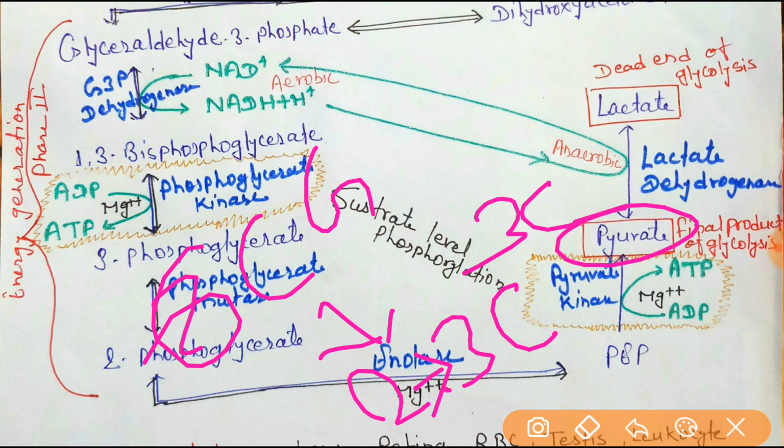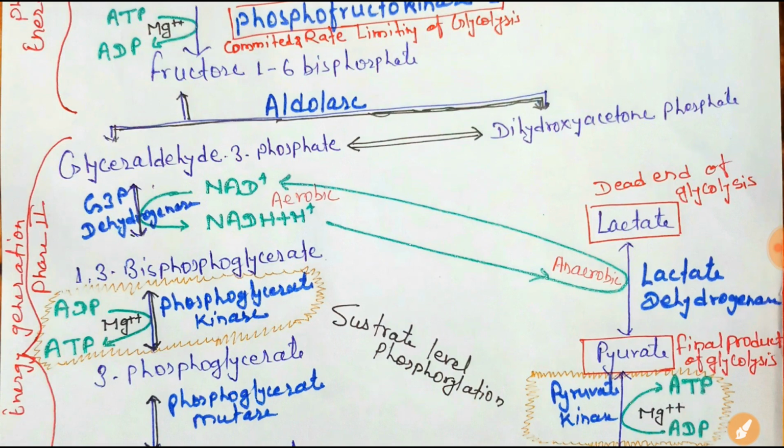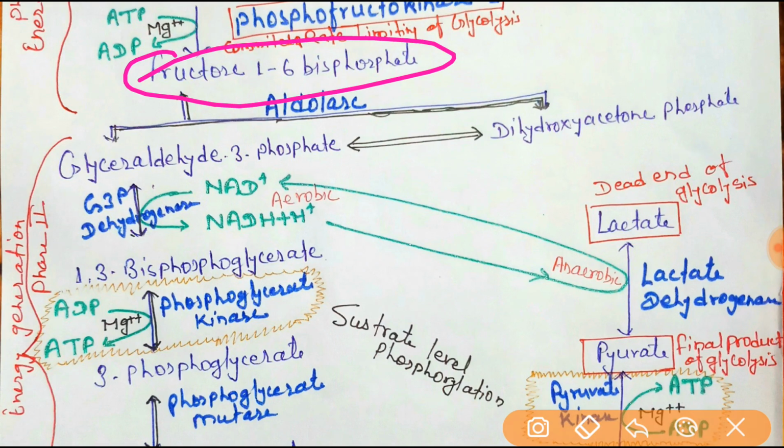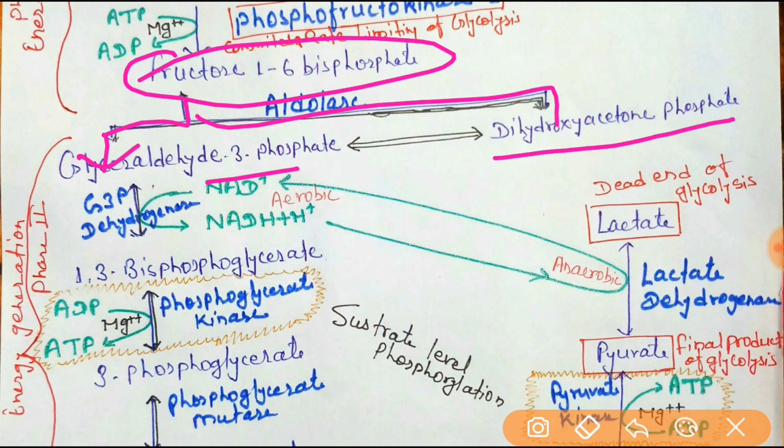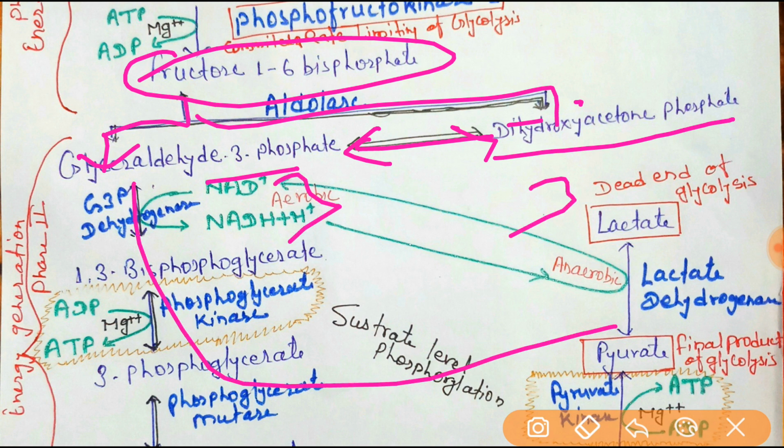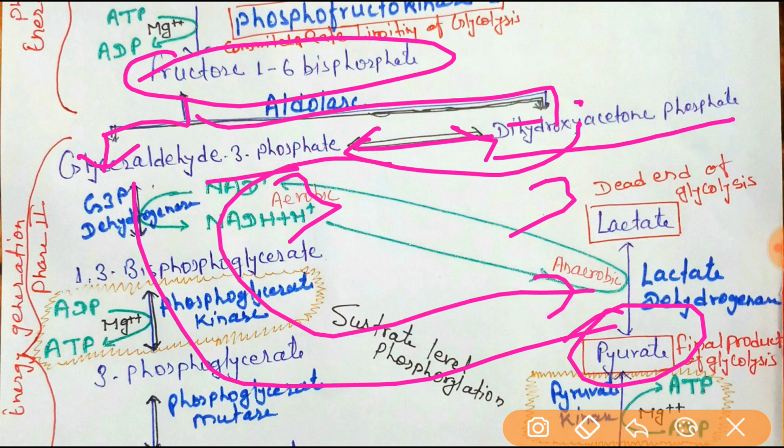This conversion starts from fructose 1,6 bisphosphate to glyceraldehyde 3 phosphate and dihydroxyacetone phosphate. This conversion is also a reversible reaction. So one 3 carbon unit forms one pyruvate and the other forms another pyruvate, that means 2 molecules of pyruvate.